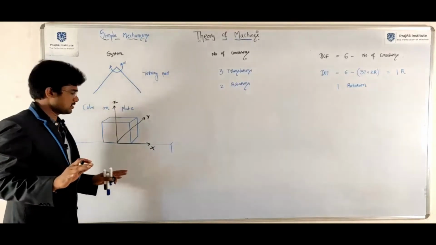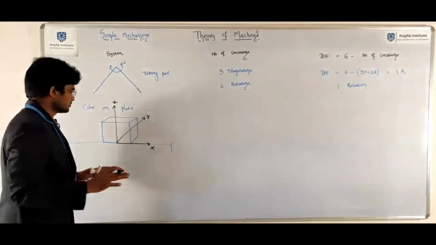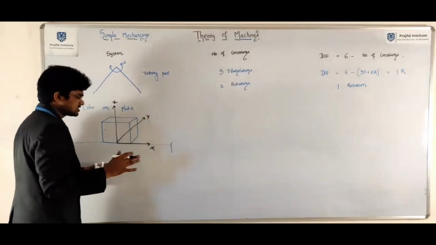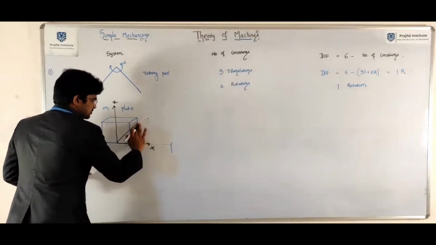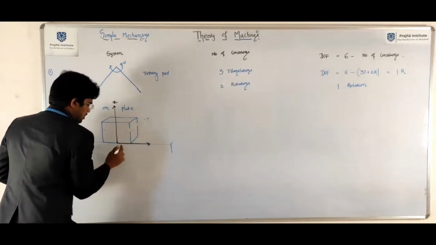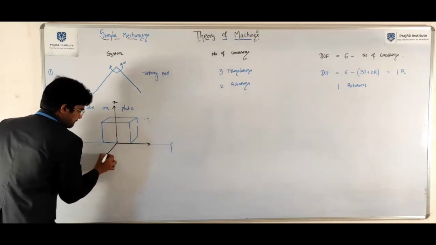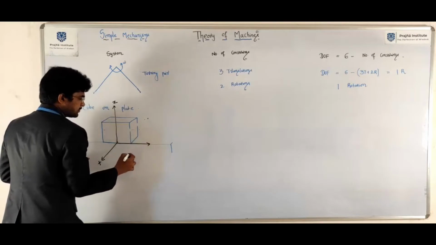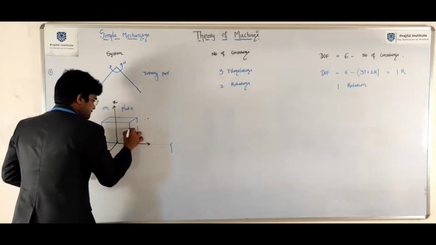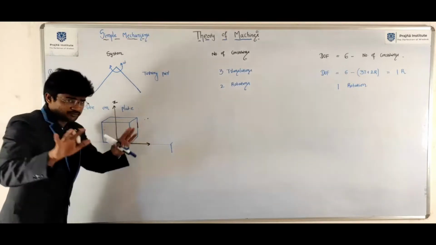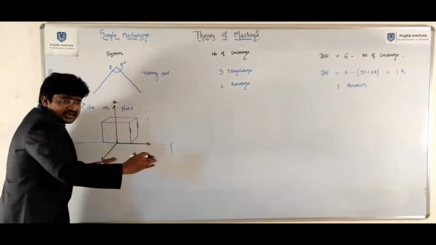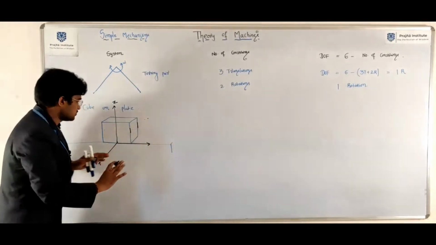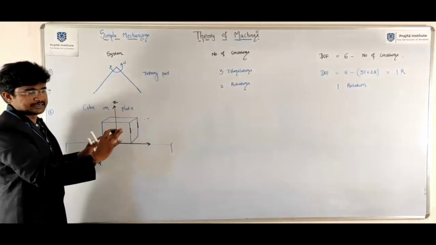Are you following? Or else that is up to you, that is your understanding. You need to feel that X and Y are on the plate, and Z will be perpendicular to that.